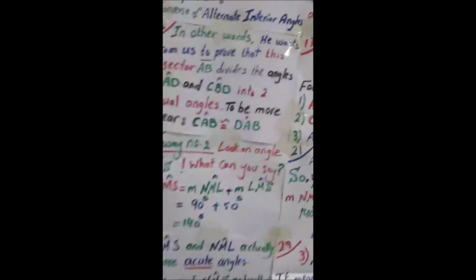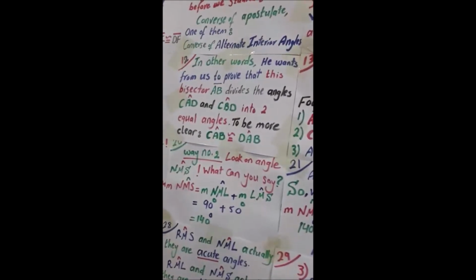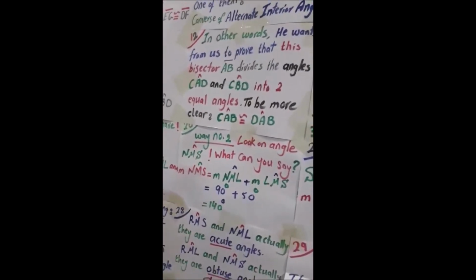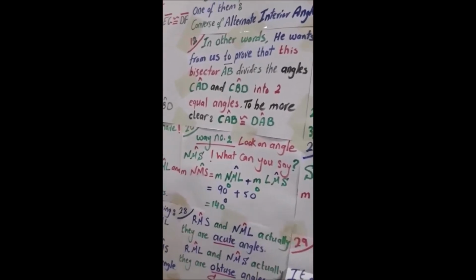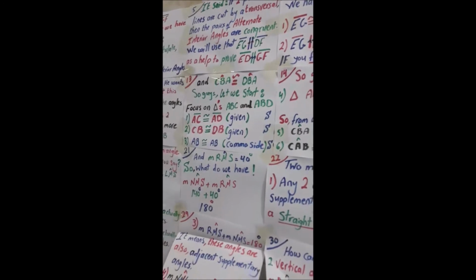This way we can prove that this bisector AB bisects the angles CAD and CBD. Okay, so let me continue. To be more clear, CAB is congruent to DAB, and CBA is congruent to DBA. So guys, let me start.